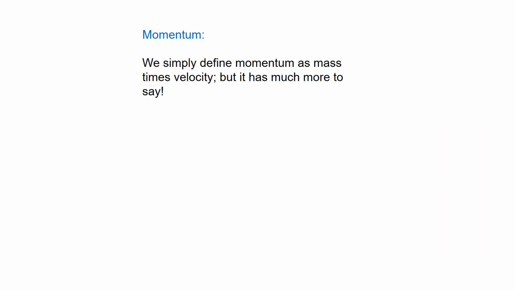Momentum. We simply define momentum as mass times velocity, but it has a whole lot more to say than just that. So momentum, p, equals mv. When I was putting this together, I was wondering why we use p for the letter.